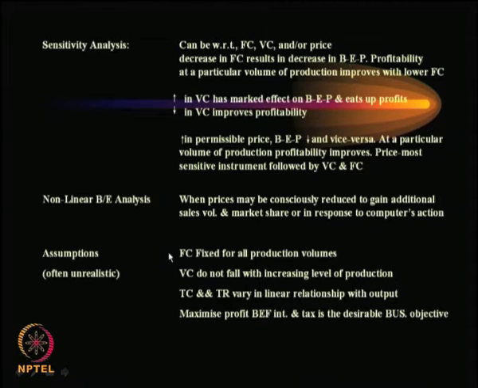Fixed costs are fixed for all production volumes, variable costs do not fall with increasing level of production, total cost and total revenue vary in a linear relationship with output, and maximizing profit before interest and tax is the desirable business objective.